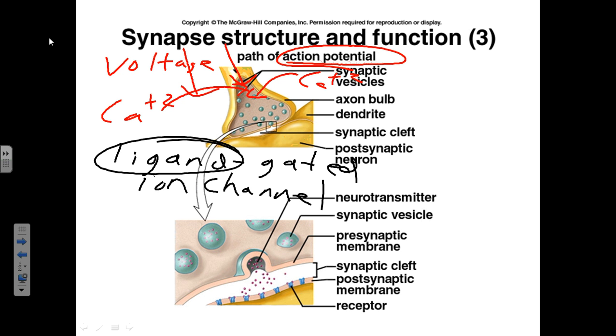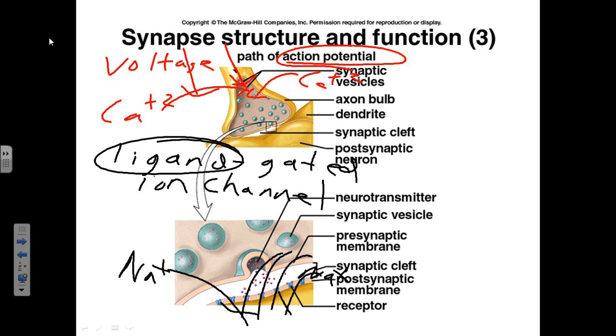And in this case, what the change causes to happen is those little channels open. Any idea what ion those are channels for? Channels for sodium ions, Na+. And when they open, you're going to get a rush in of sodium into that postsynaptic neuron. Starts to rush in through all these little channels, sodium does.